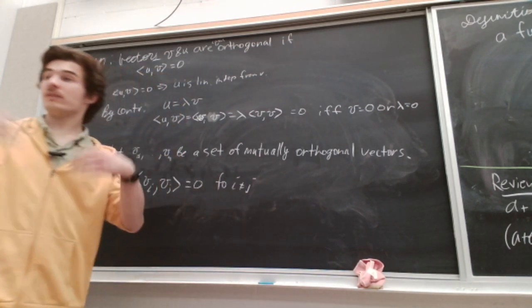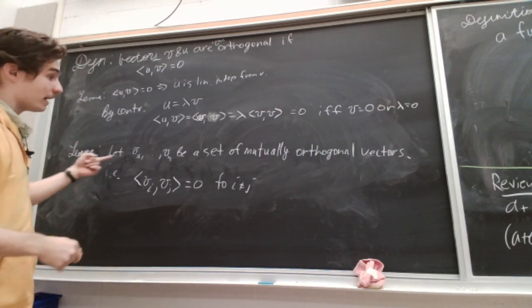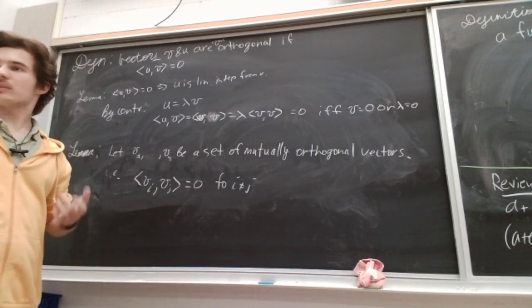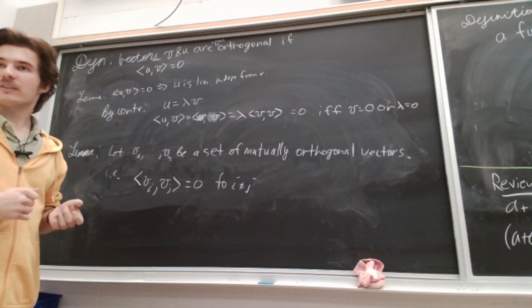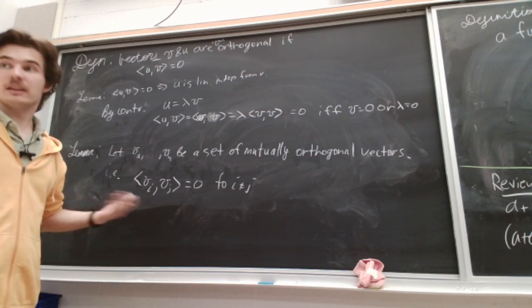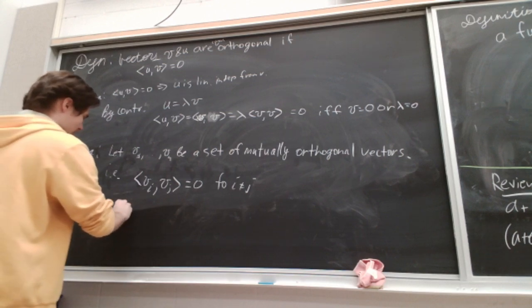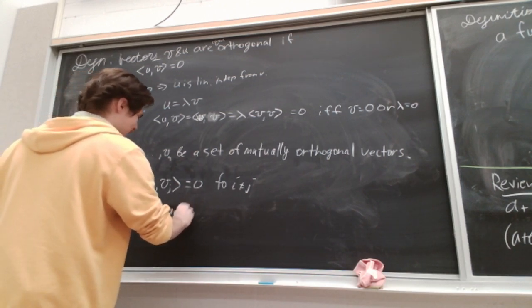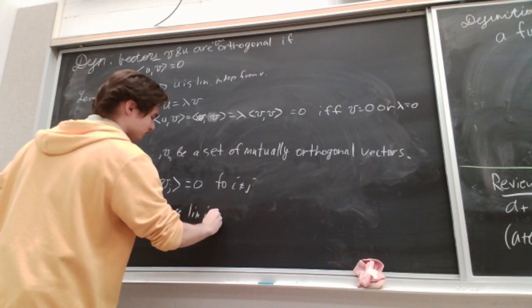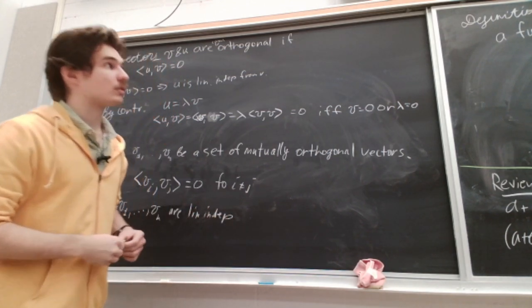So if you take any two vectors, you take the inner product between them, it's 0. So if I have these vectors, then what do we expect to be true? That all of these vectors are linearly independent. So then v1 up to vn are linearly independent. Yes? Okay.